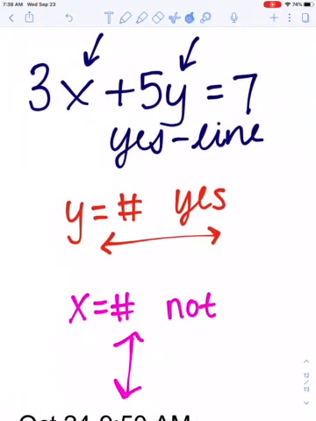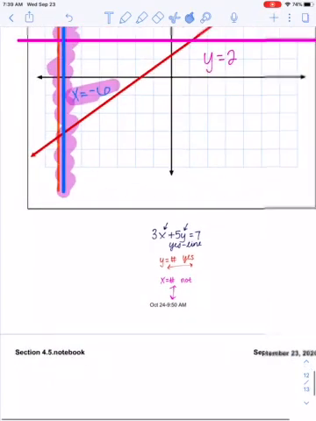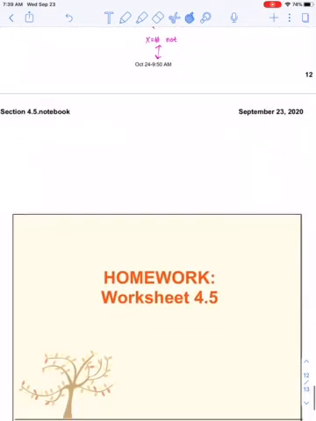So just be aware on the homework, if it is a normal linear equation with both an x and a y, that's fine, that's a line, that's a function. If it's only a y equals a number, that is also a function because all horizontal lines are functions. But if it's just x equals a number, that's a vertical line, and that's the kind of line that is not going to work, okay?